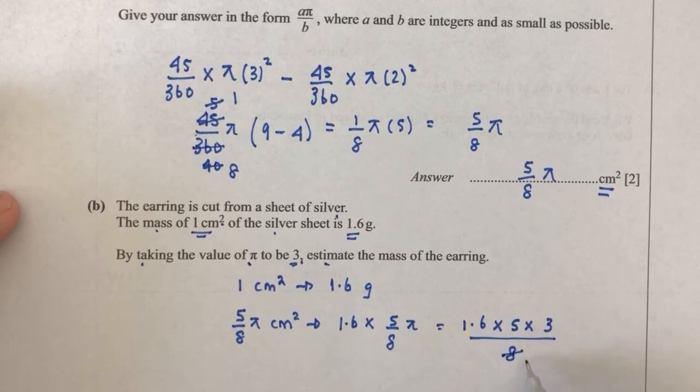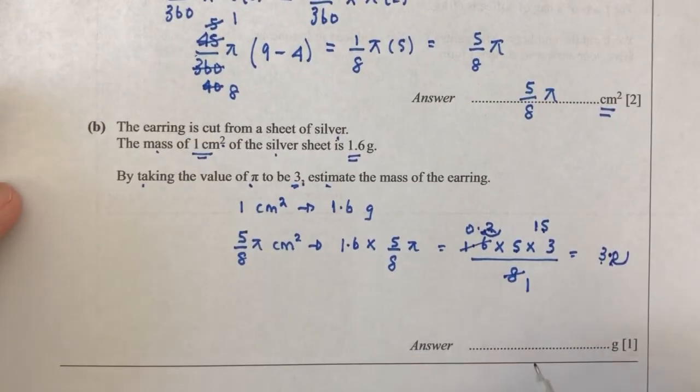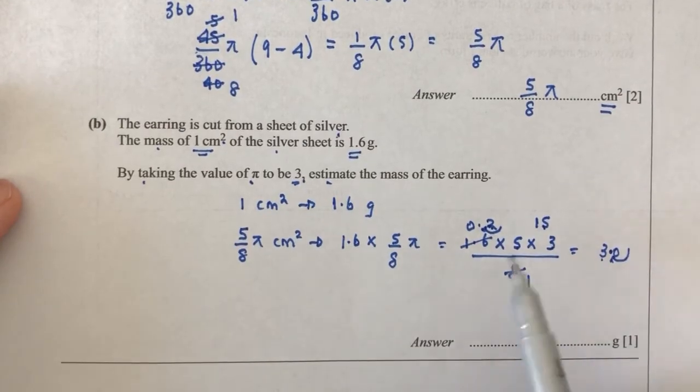Divided by 8, we have 0.2. So 5 times 3 is 15, times 0.2. Let's first do 2 times 15, which is 30. Here we have 1 decimal place, so your answer will be 3. So the estimation for the mass of the earring will be 3 grams for question part B.